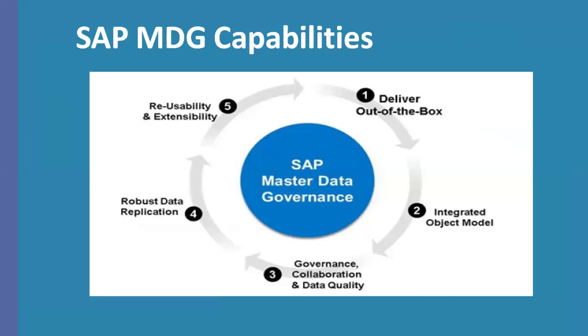Next are MDG capabilities. MDG mainly stands on three pillars. The first pillar is reusability. That means whatever master data you create, change, or update in MDG, you can do at any point of time.